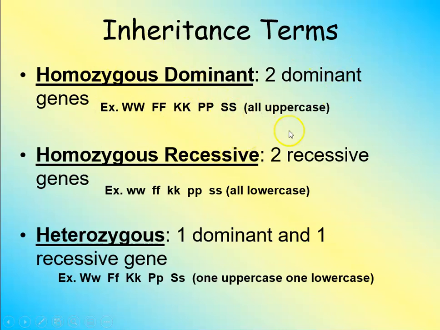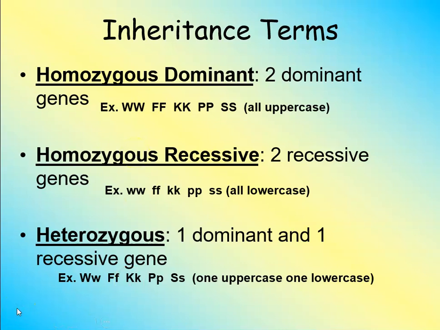I'm going to say homozygous dominant or homozygous recessive or heterozygous. So I can say, this individual is homozygous dominant for blue eyes. So you should be able to derive from that it's two capital letters, two dominant genes.